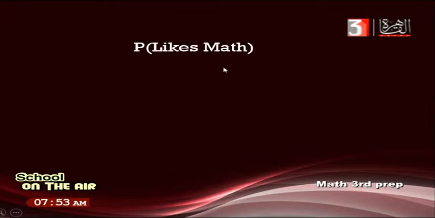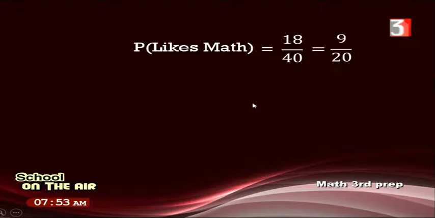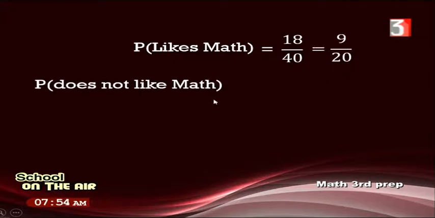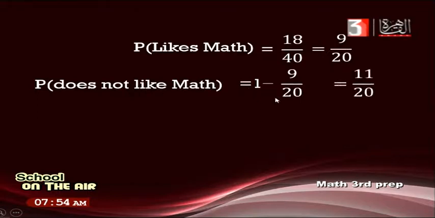P of like math is 18 over 40, in simplest form equals 9 over 20. Doesn't like math, we will get the remainder, the students outside math, or we will complete our event. 1 minus 9 over 20 equals, in simplest form, 11 over 20.